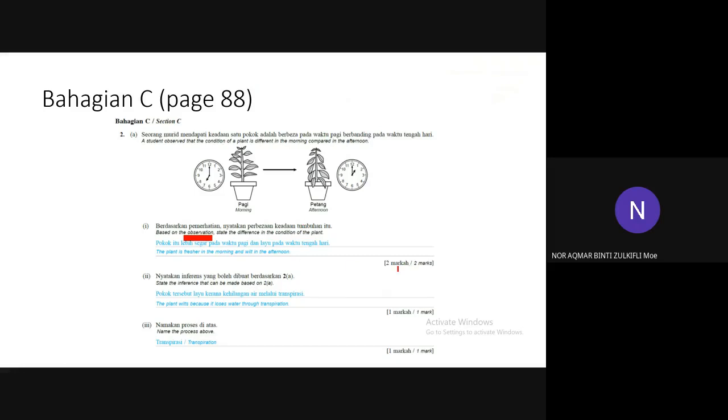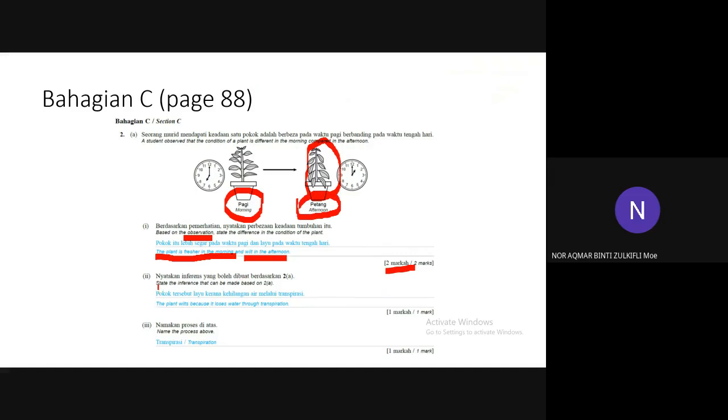So the answer must be the plant is fresher in the morning. You must write your answer directly based on what you can see. Fresher in the morning and wilt in the afternoon. Wilt means layu. Less water than the morning one. So you must mention the afternoon. Then you get 2 marks.